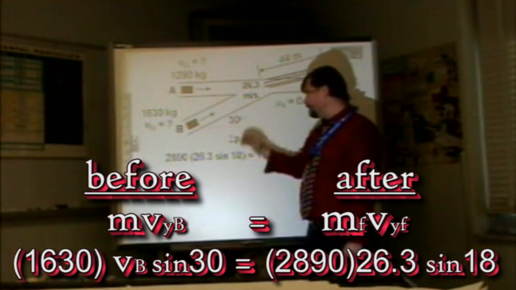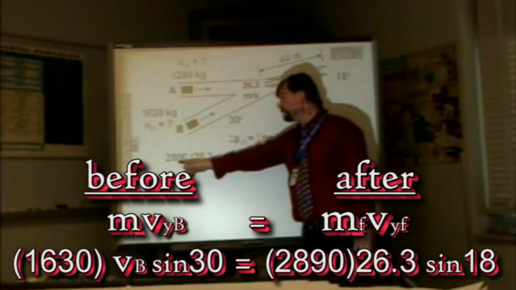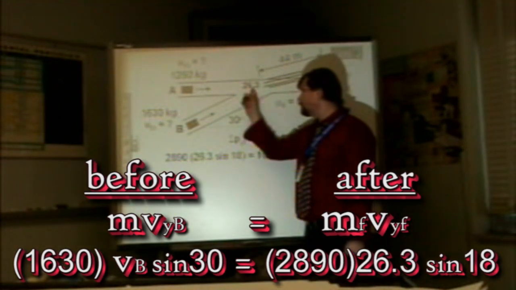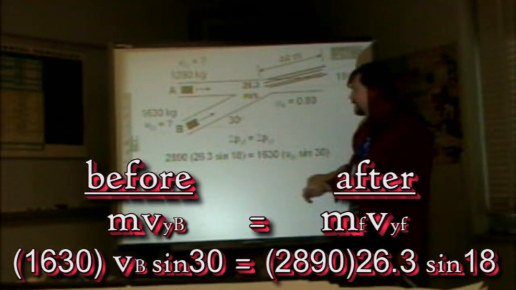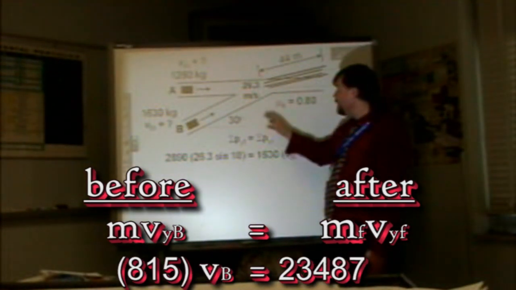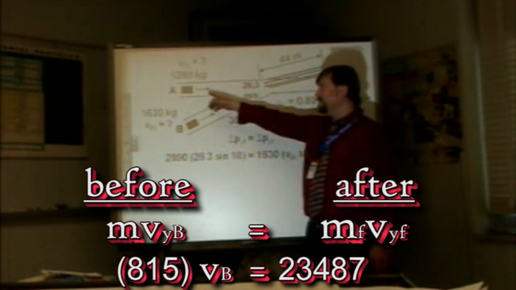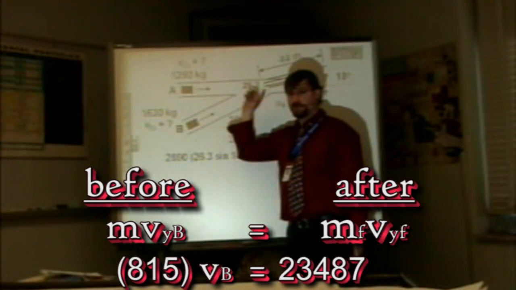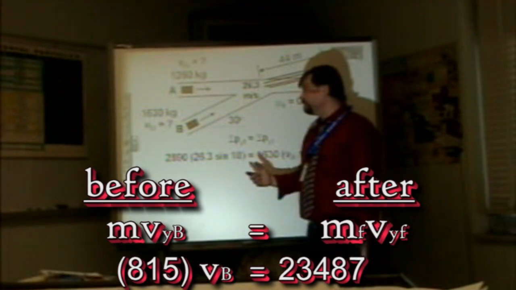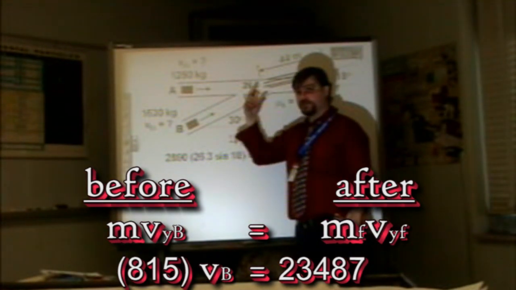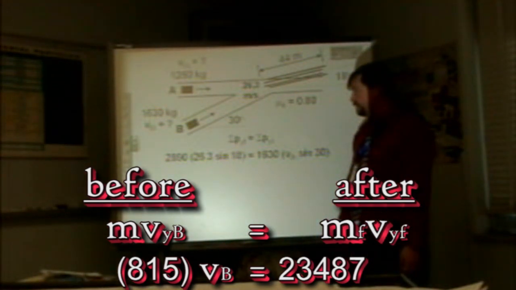This is initial, this is final. So the sine of 18 degrees applies to the two cars stuck together at a speed of 26.3 meters per second, so we find our y component after the collision. We find our y component before. Car A is only in the x direction, so it doesn't have a y component. The sine of 0 is 0. X is at 0 degrees.